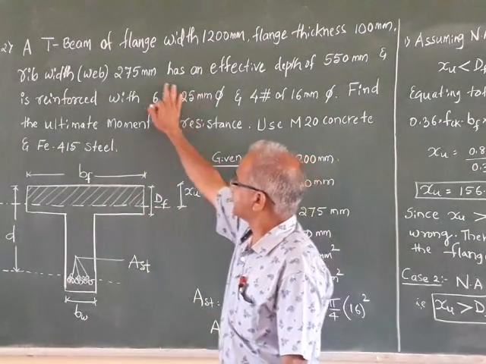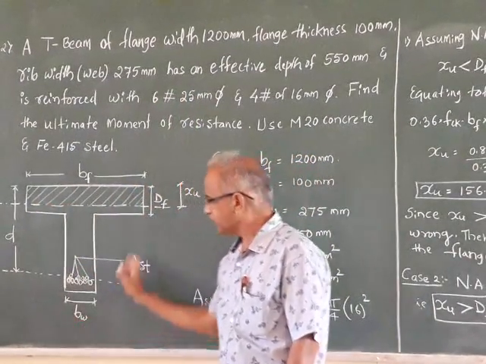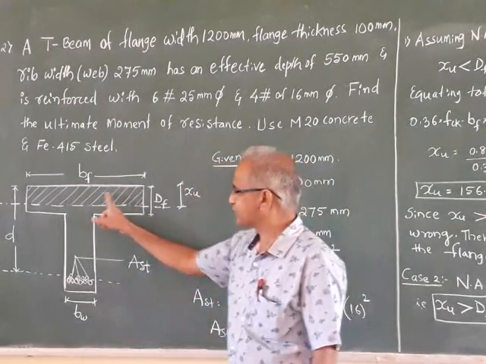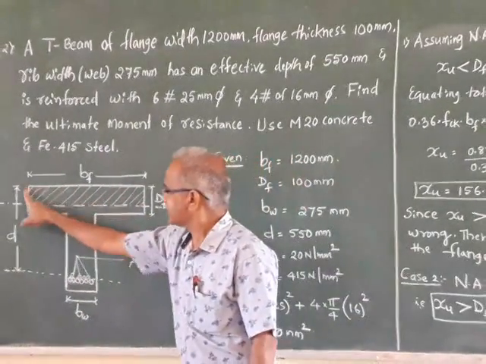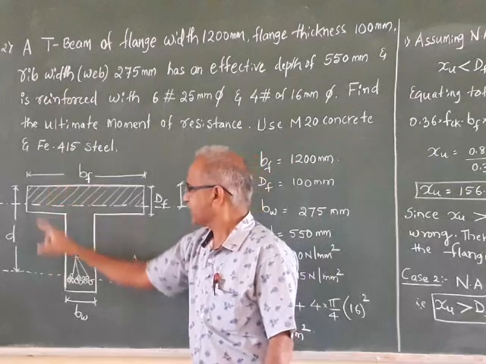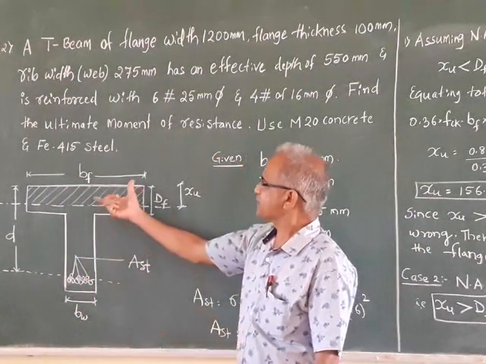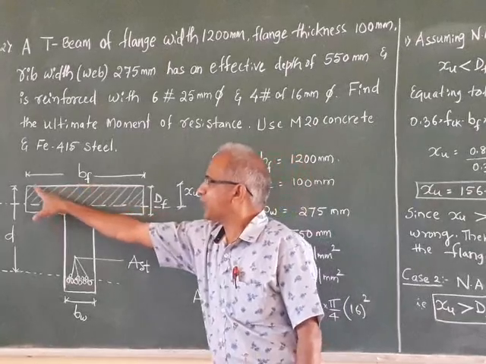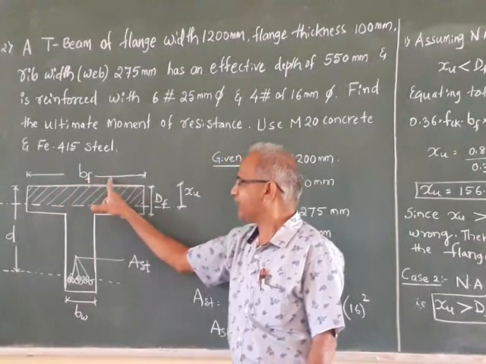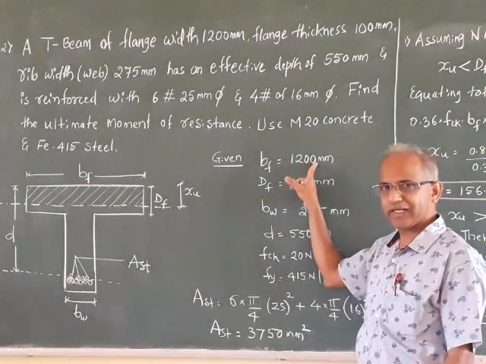So using this data we are going to draw the sketch where we are going to see the T-beam. So this is the flange, and this will be the web or rib. As per the given data, the width of flange, that is BF, will be 1200 mm.